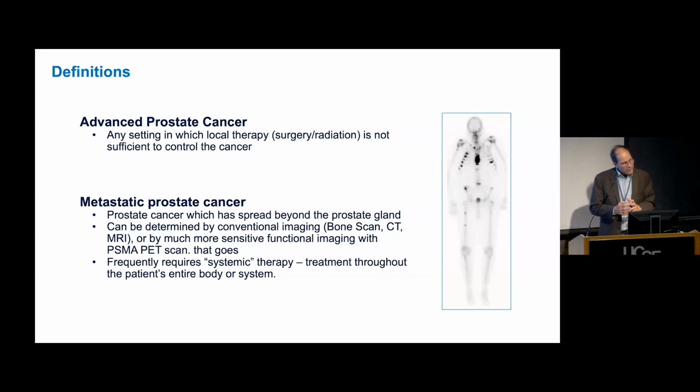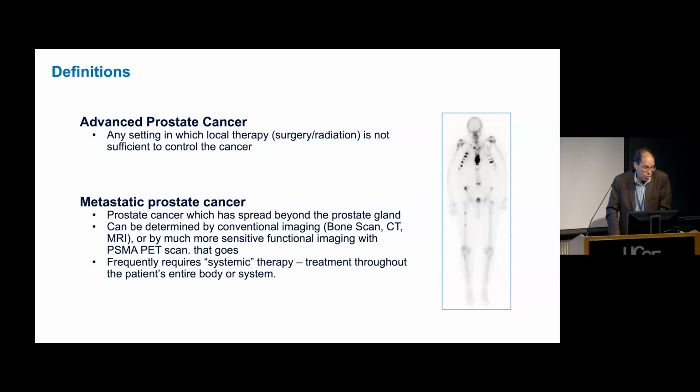So just for definitions for the purposes of these talks, advanced prostate cancer, I would call prostate cancer in any setting in which local therapy is no longer sufficient to control the cancer. So it's very basic, it's outside of the prostate in some way. It's kind of the same thing as saying metastatic prostate cancer, which is prostate cancer which has spread beyond the prostate gland.